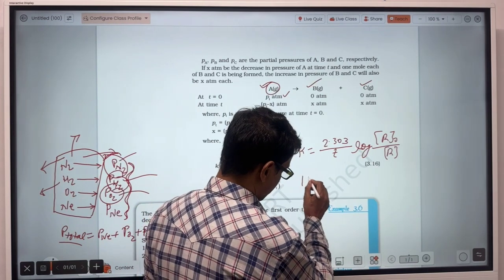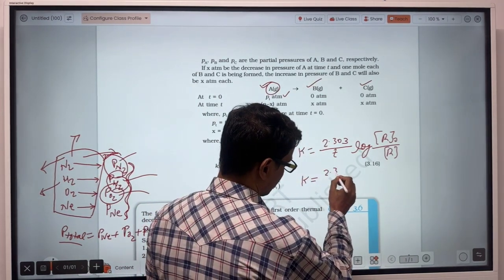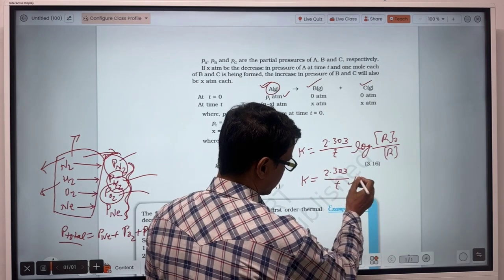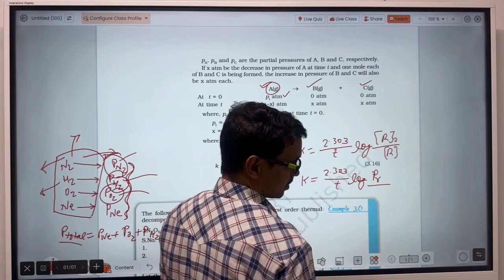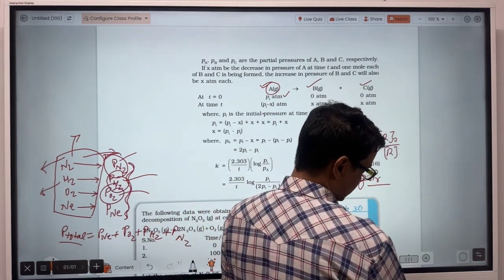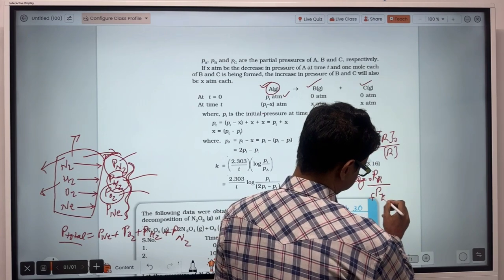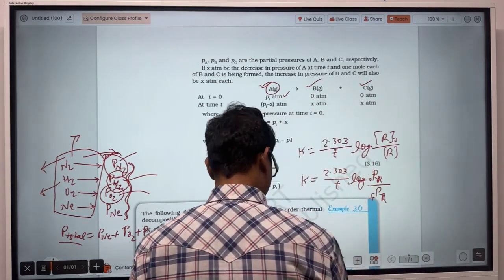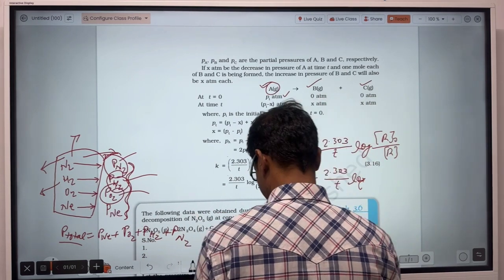in that case we will have to write the rate constant equal to 2.303 upon t log of the initial partial pressure of reactant upon the final partial pressure of reactant.